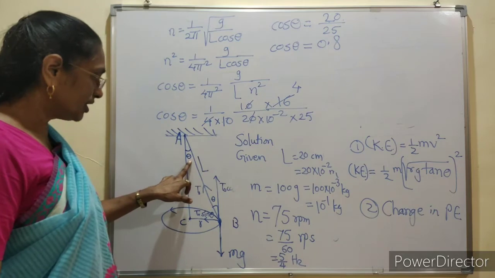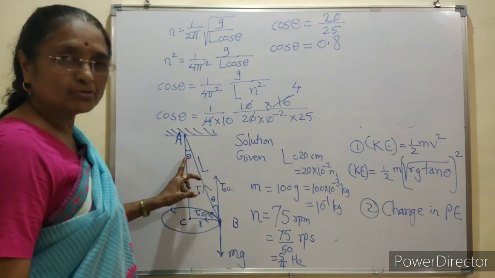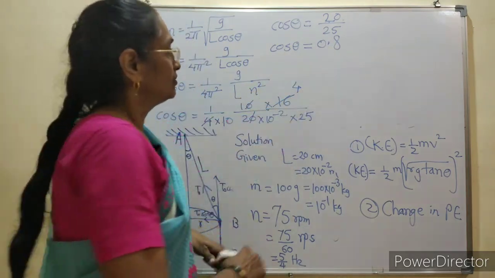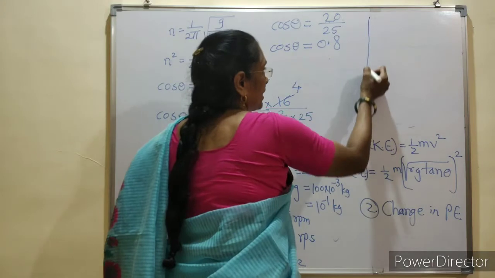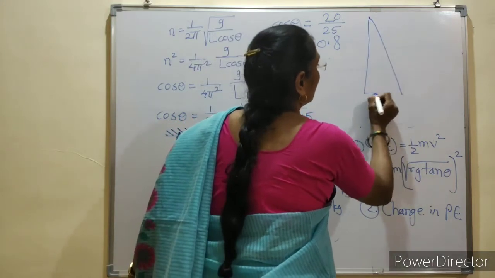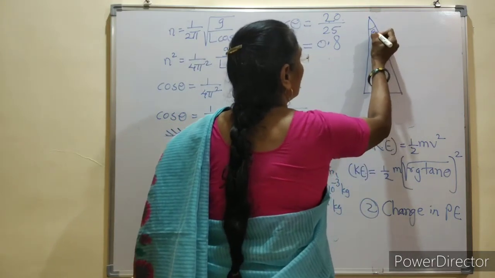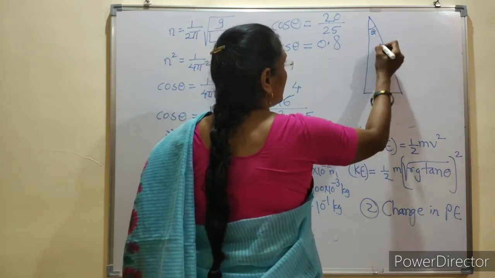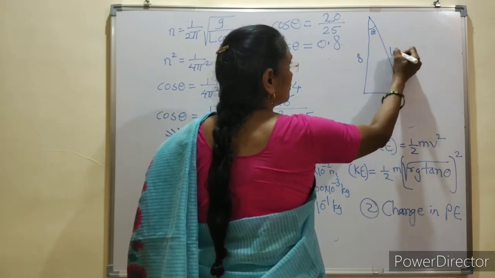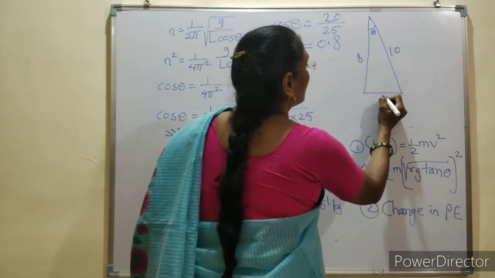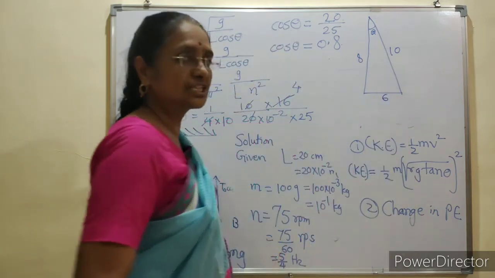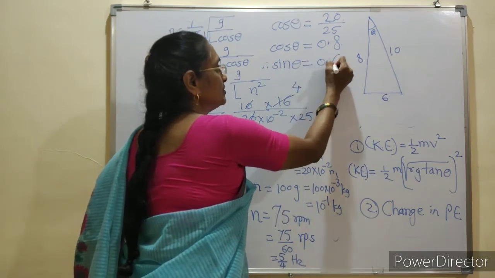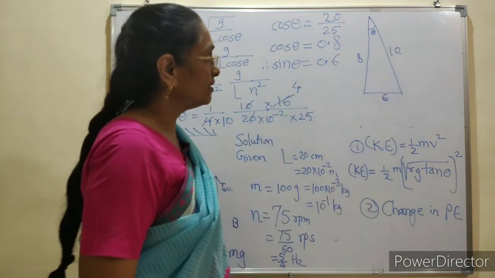Now for theta, simply we have to write cos theta, sin theta. Once we know cos theta, suppose I draw the diagram again. This is theta. Cos theta is 0.8, meaning this side is 8, this one is 10, therefore this side must be 6. So we write sin theta is equal to 0.6, meaning 6 upon 10.